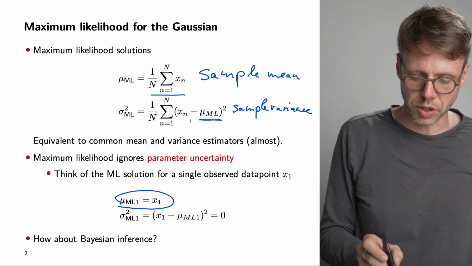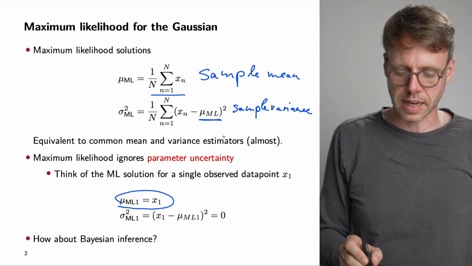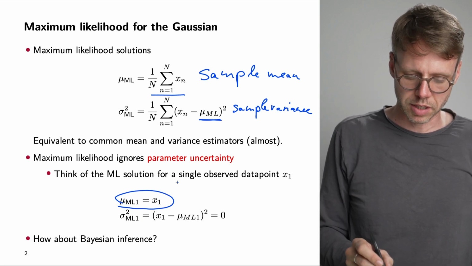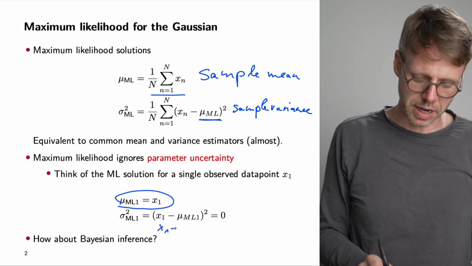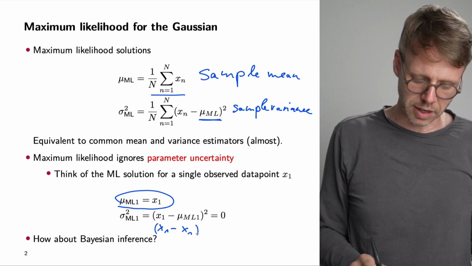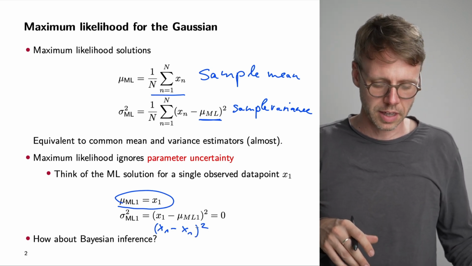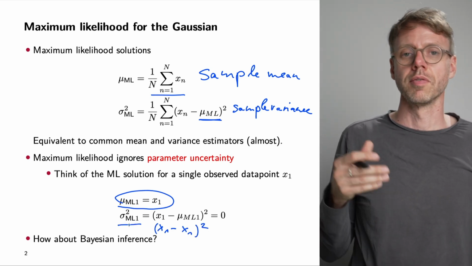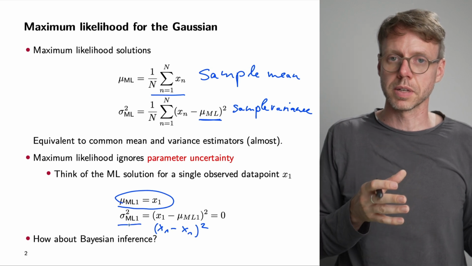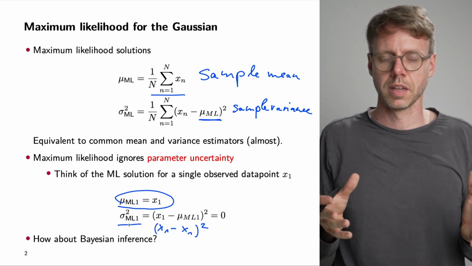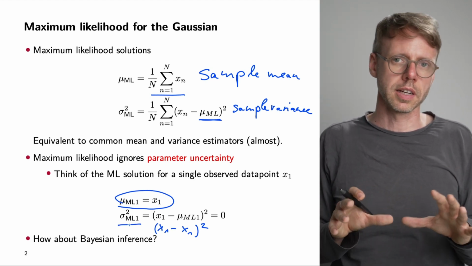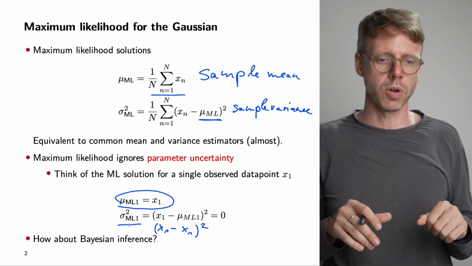However, if we use this to compute the sample variance, we would in effect compute x1 minus x1 and square that. So we would compute a 0, square a 0, and the variance estimate, the maximum likelihood estimate, would be 0. Now, it's quite clear that this is a value that is too small.